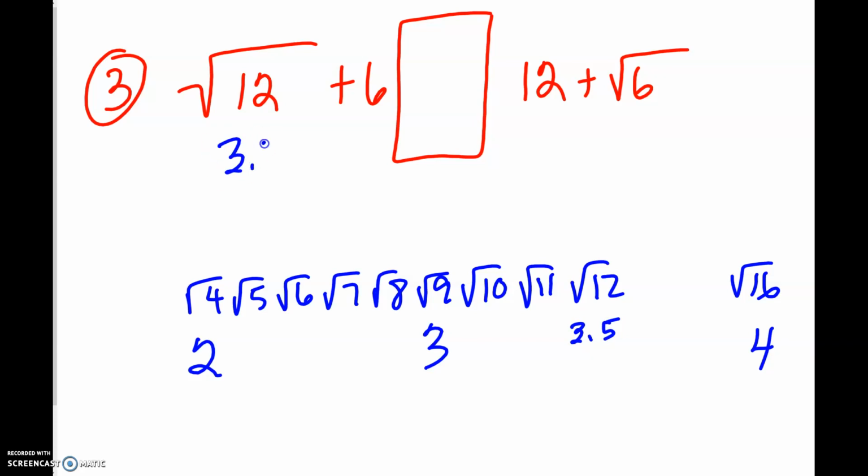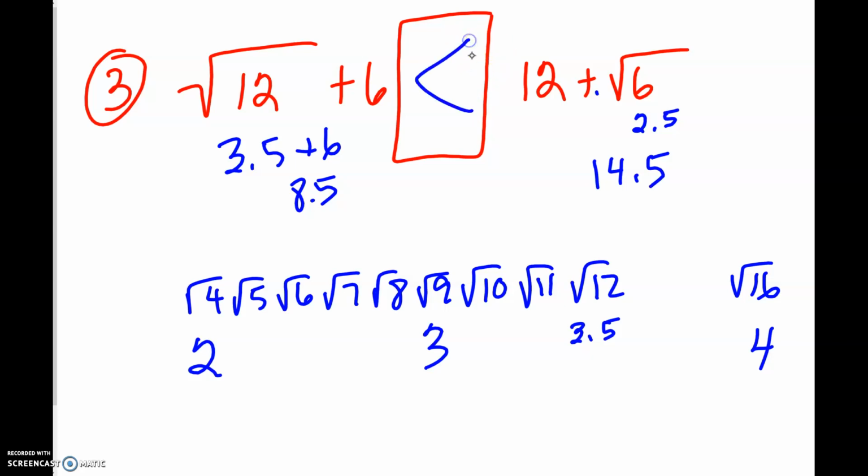So 3.5 plus 6 gets us 8.5. And the square root of 6 is right here, it's going to be between 2 and 3, so let's just say that's 2.5. Well, 12 plus 2.5 is 14.5. So the 14.5 is bigger, so we are going to put this symbol in here so that the bigger end is towards the 14.5. The pointer goes towards the smaller number.